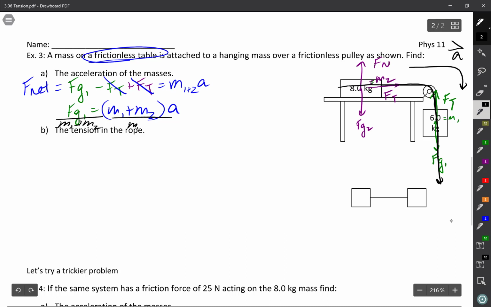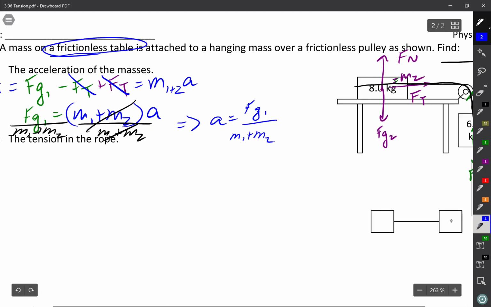to solve for acceleration. We get acceleration is Fg1 over m1 plus m2.